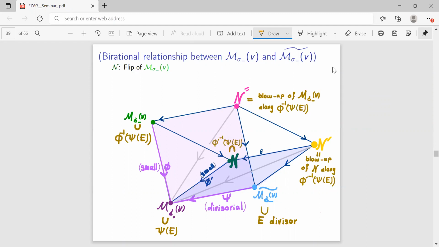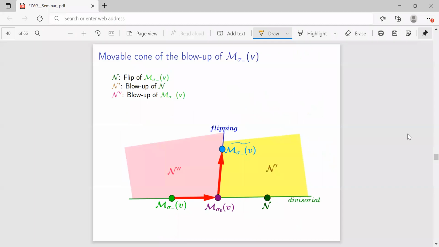And then let's look at the movable cone of either of these two spaces, N prime or N double prime. If you look at this, you see that these spaces that we cared about just live on the sides, or on the walls, of this movable cone.